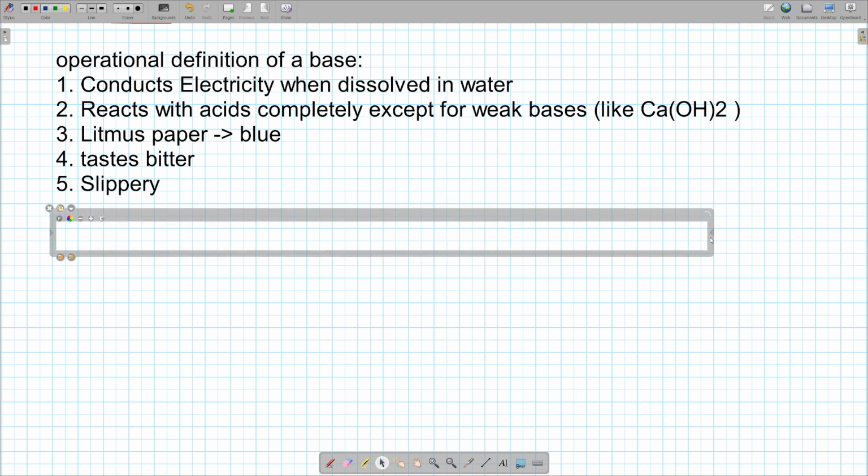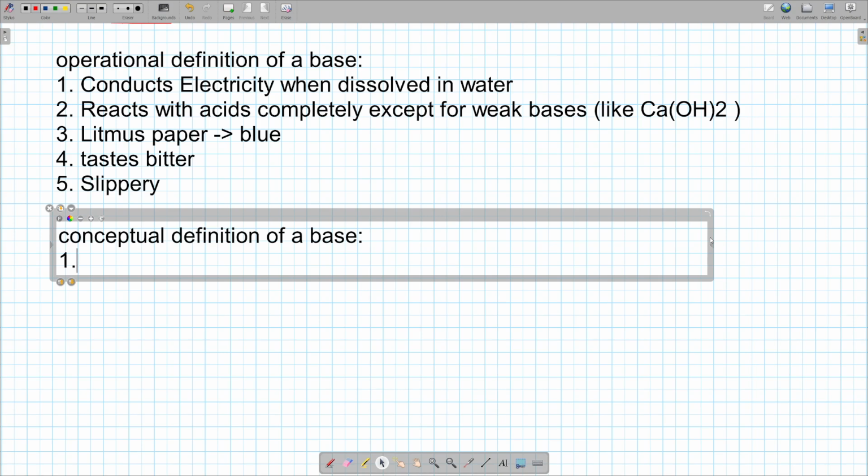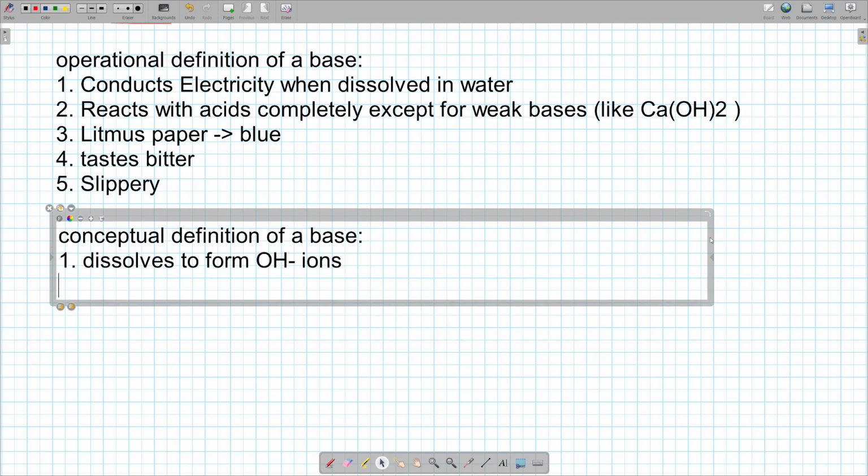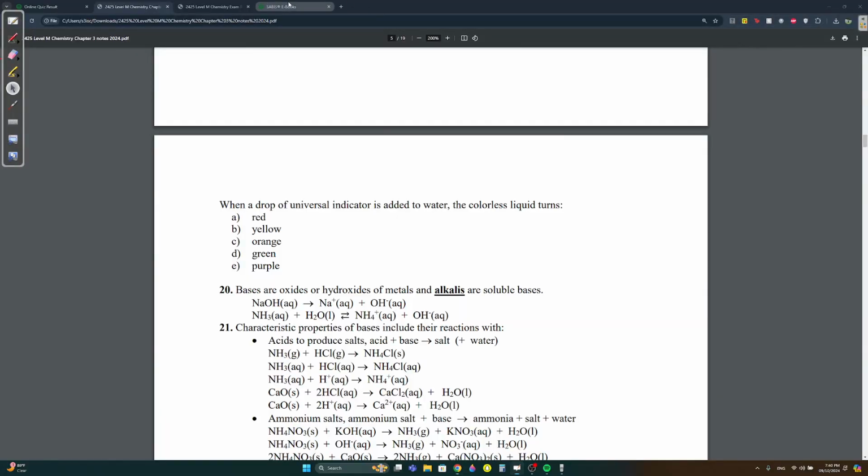The conceptual definition of a base. What is it? It dissolves to form OH minus ions, right? A base gets you OH minus. Okay, CO3 2 minus gets you OH minus. Yeah, that's pretty much it. Let me just make sure.